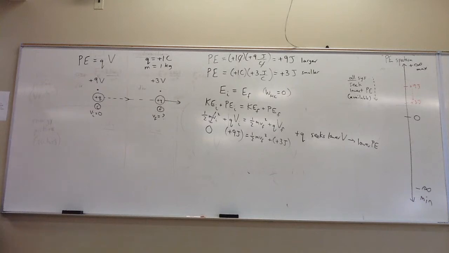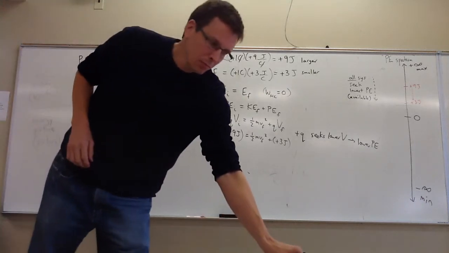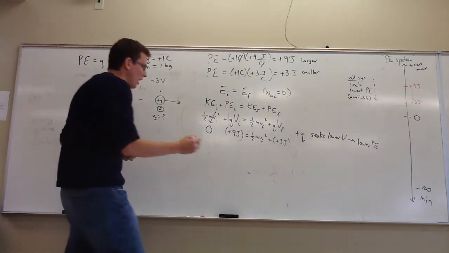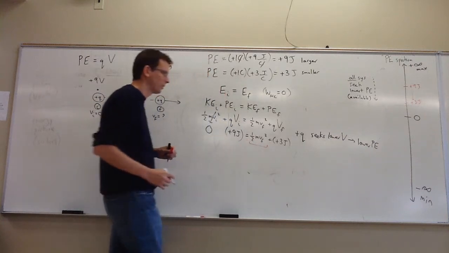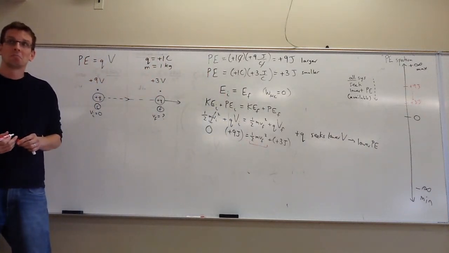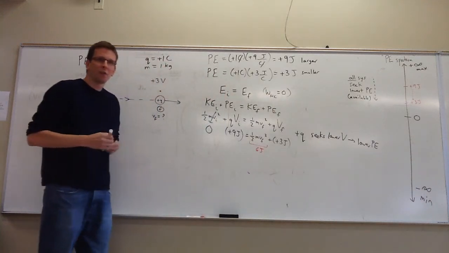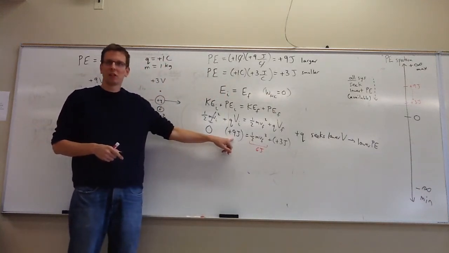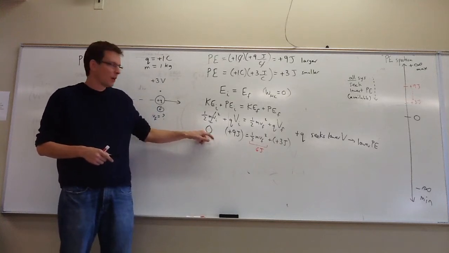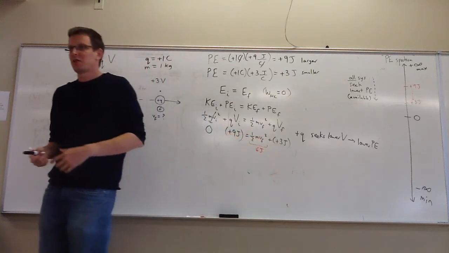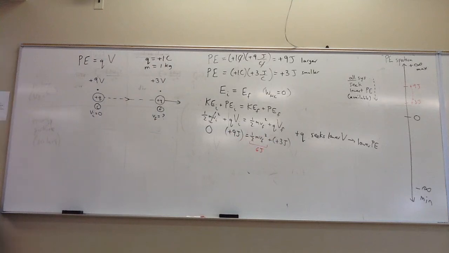So by inspection, we can look at this and say, how much must this quantity be? 6 joules, right? We started off with 9 joules in storage and nothing in kinetic energy, but at the end we only have 3 joules in storage, so the 3 joules in storage had to come out to kinetic energy. So kinetic energy is 6 joules, right?